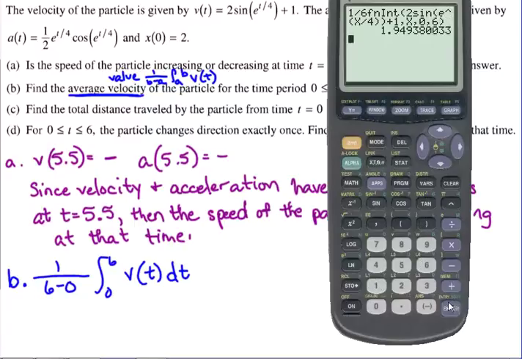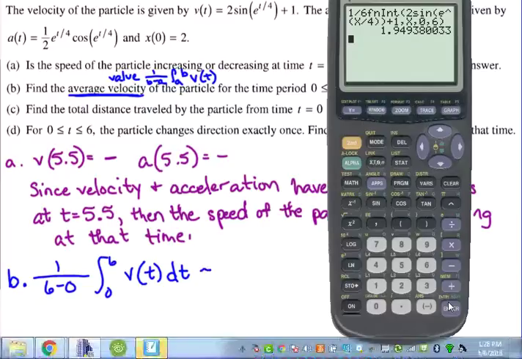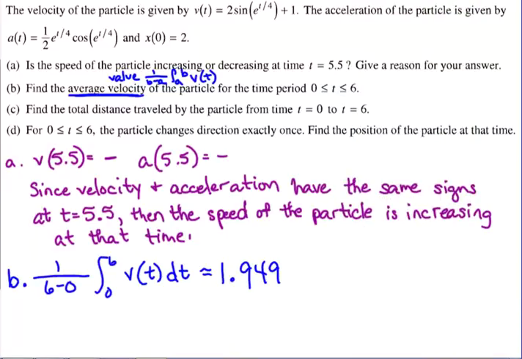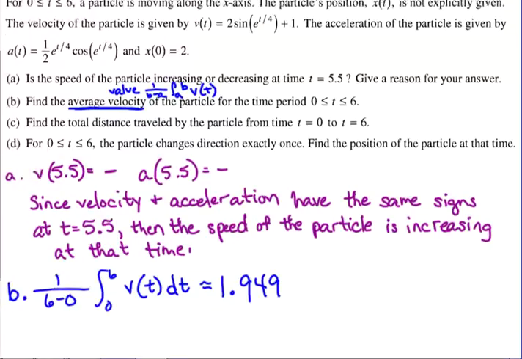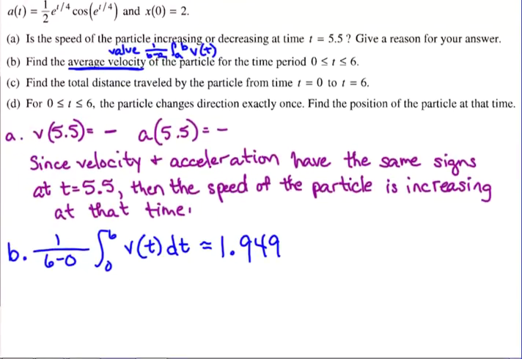So they give us the value there, 1.949. And it didn't say include units. Well, we can't include units because they don't say that it's feet per second or meters per minute or anything like that. So we just got to use it like that.